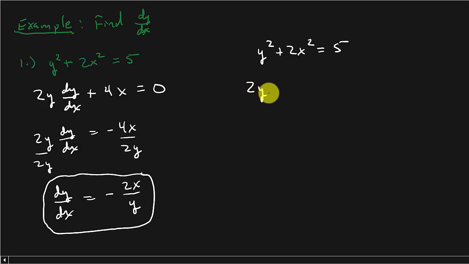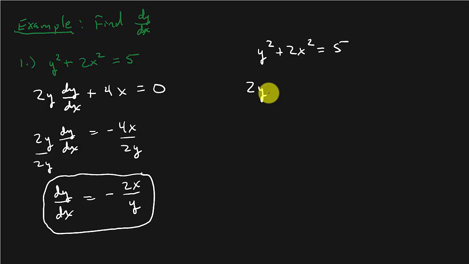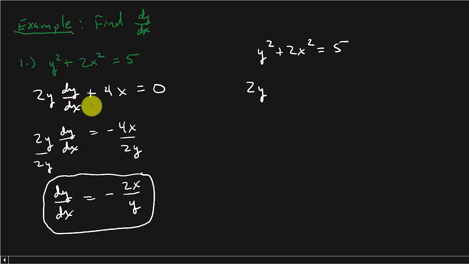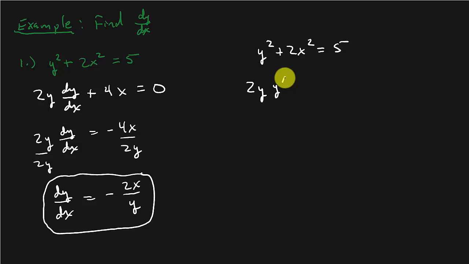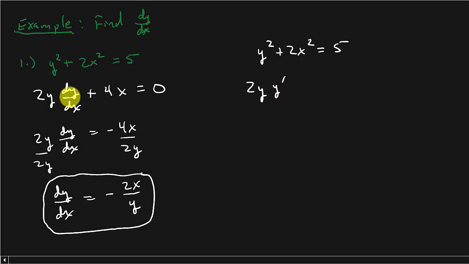We took the derivative of the y term, so now I've got to tack on a dy/dx. But the way I like to write it is, instead of writing dy/dx, I just put y prime. Isn't that another notation for dy/dx? You can put dy/dx, you can put y prime, f prime. There are different notations to represent the derivative. I typically put y prime instead of dy/dx. It's the same thing. Then 2x.